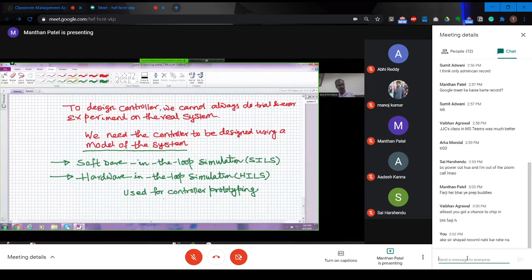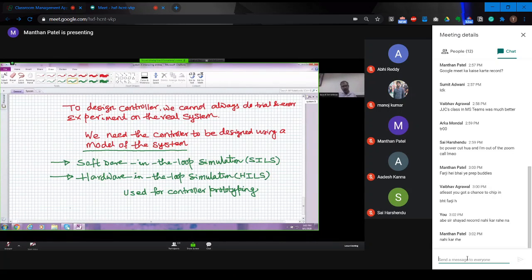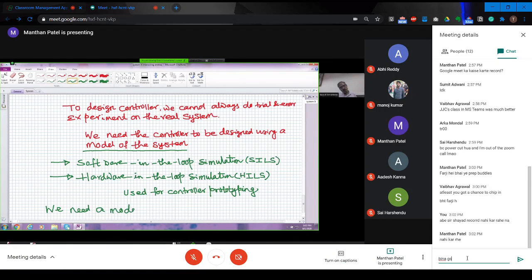It is also possible that you plug in the hardware controller with the hardware of the system, if that is permitted. So in either case, what is clear is we need a model of the system.